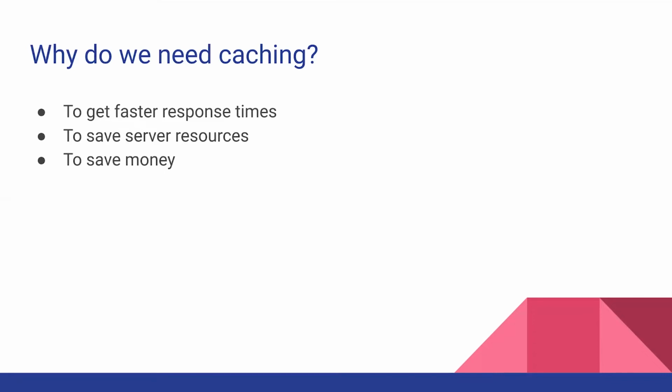So we use some fast memory which can store that computed data, and this data can be used the next time directly without going to the backend to compute the data again. This increases the response time and saves server resources, because that tedious computation doesn't have to be done again and again. So we are saving server processing power, server memory and everything.